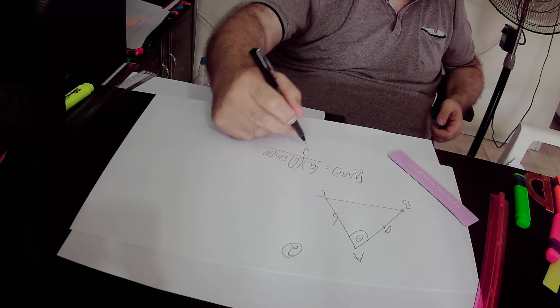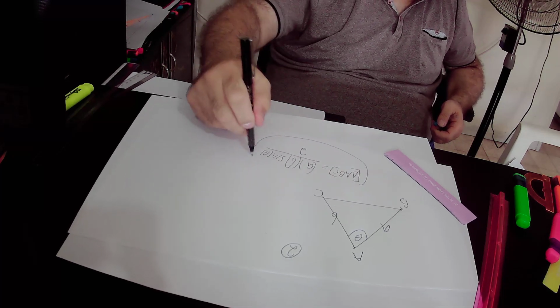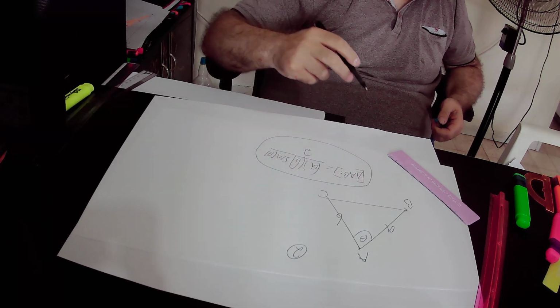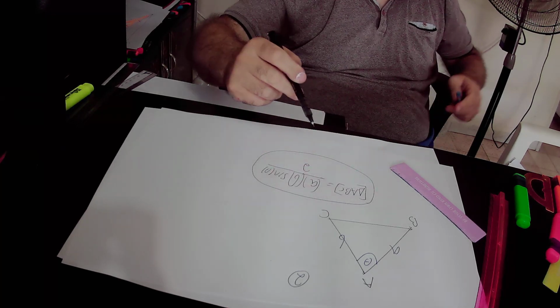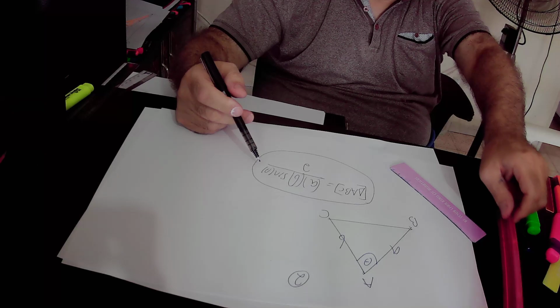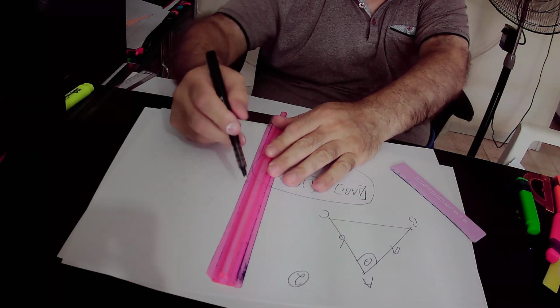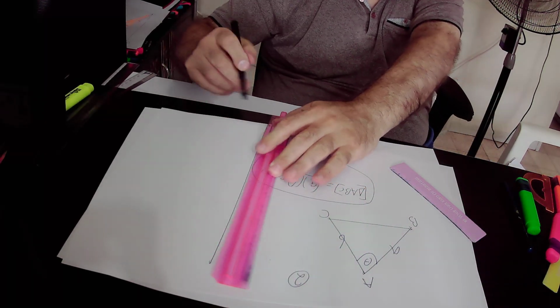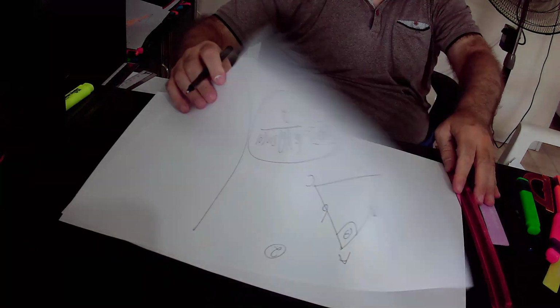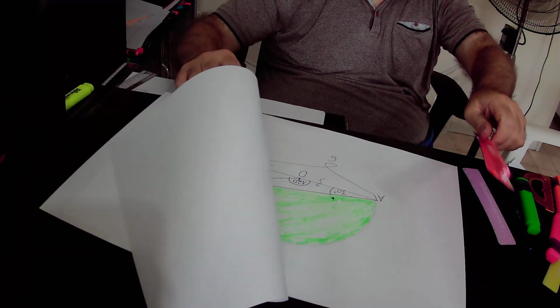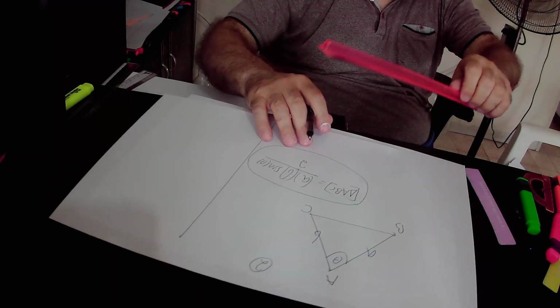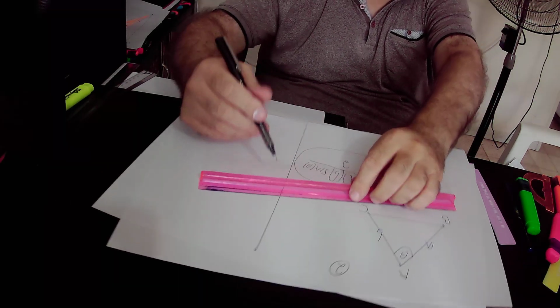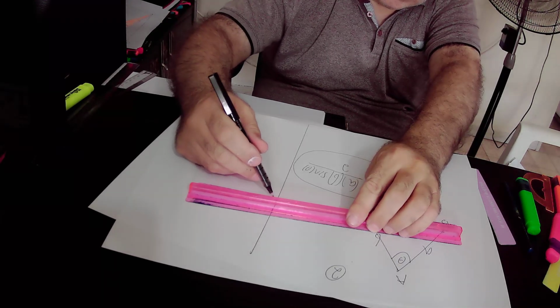Again, the area of this triangle is equal to A times B times sine theta over 2. Now we will implement the new formula in order to find out the area of triangle AOC. So I copy triangle AOC here and we'll implement the new formula in triangle AOC in order to find out its area.